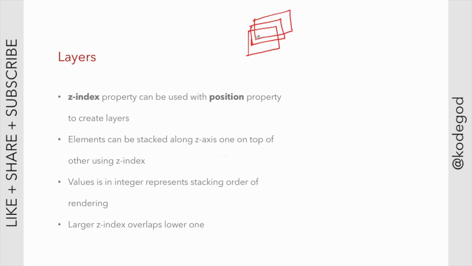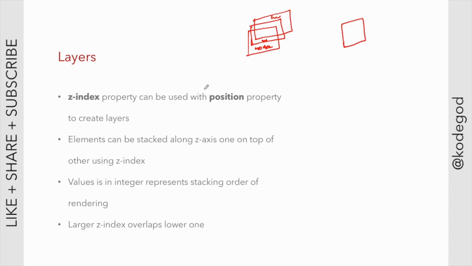All layers can have different content inside, and if you have the same dimensions for all these layers on your web page, it will look like a single layer. So this is quite useful when you have multi-level information that needs to be displayed.